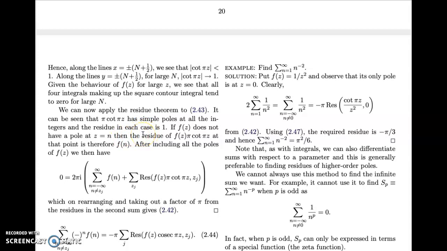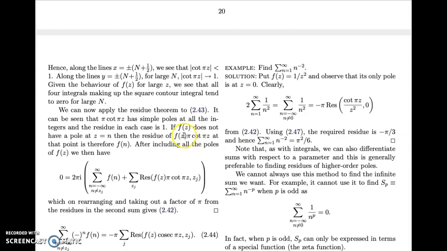So that means that if f of z does not have a pole at a particular value of z equaling n, then what's the residue of f of z pi cot pi z? We've just said the residue at that integer is always going to be 1, coming from just the pi cot pi z.